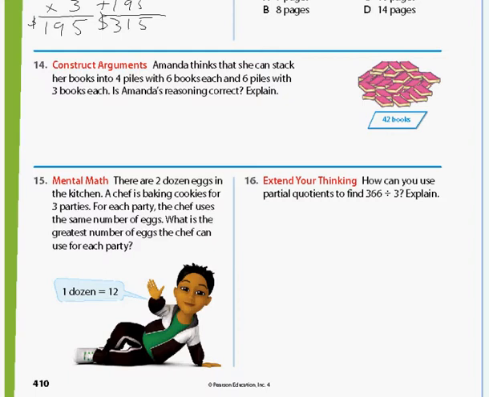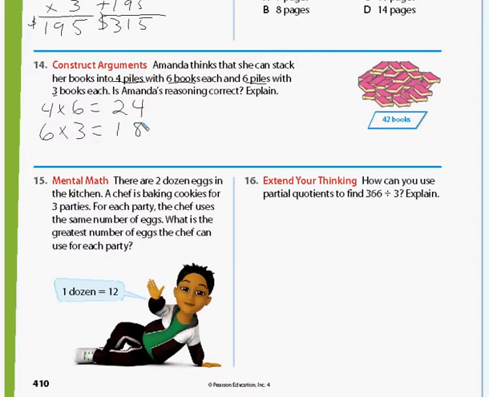The first has 4 piles with 6. 4 times 6 is going to be 24 books. The next one is 6 piles with 3 books each. So 6 times 3 equals 18. So that's our 2 piles of books they're talking about.